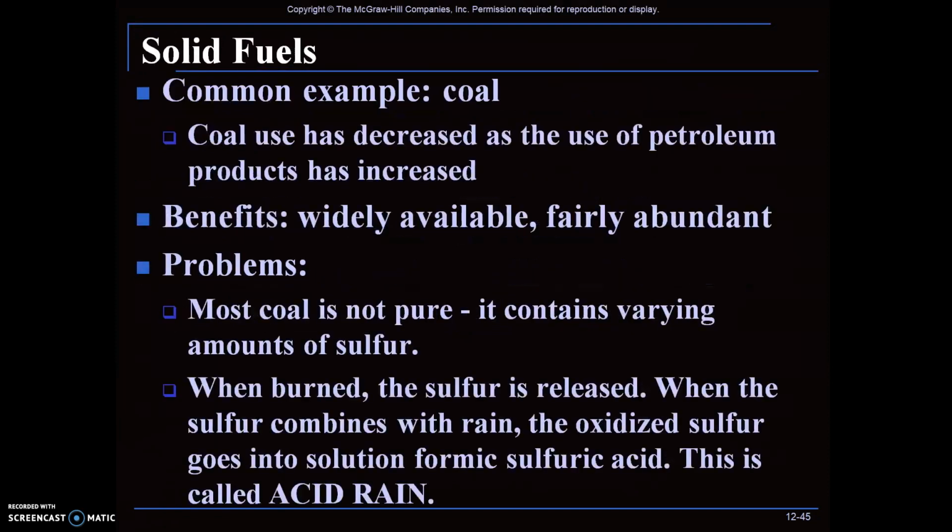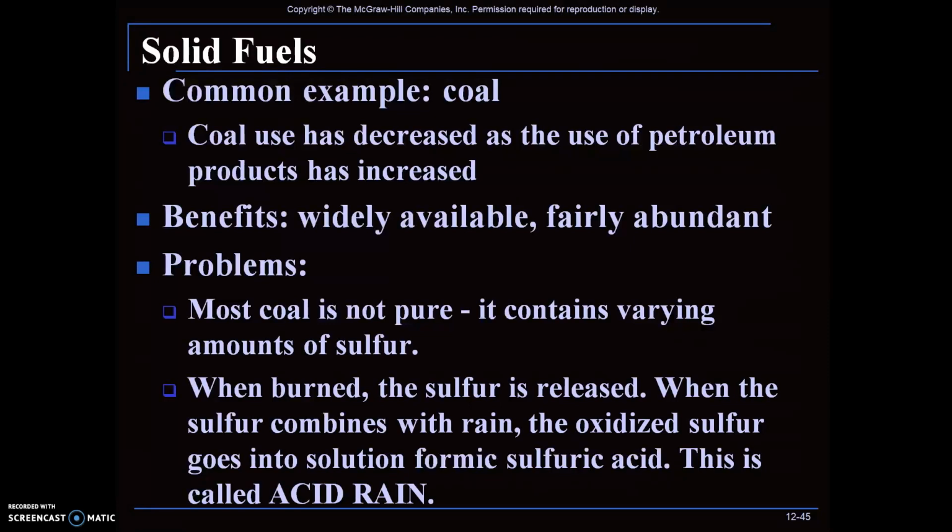Solid fuels. A common example is coal. Coal use has decreased as the use of petroleum products has increased. Benefits: it's widely available and fairly abundant. The problem is that most coal is not pure. It contains varying amounts of sulfur. When it is burned, the sulfur is released.